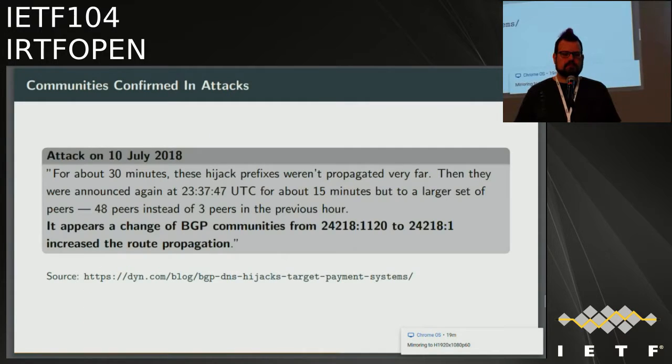After I gave this presentation at the RIPE meeting, we were approached by Dyn, and they pointed us to an article where they found attacks that today are already using communities to foster propagation of hijacks. The attackers found out that by setting specific community values, their hijack would be propagated more in the BGP network. So we already see attacks using communities.